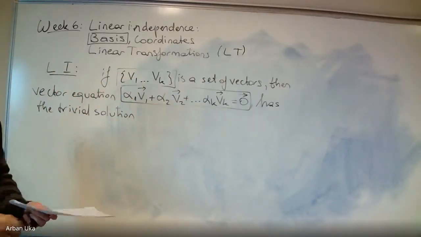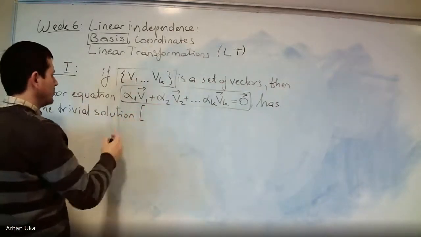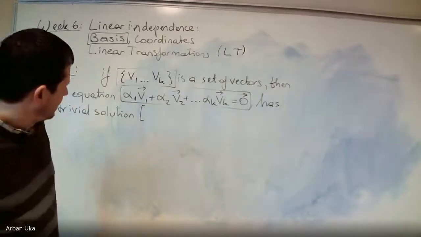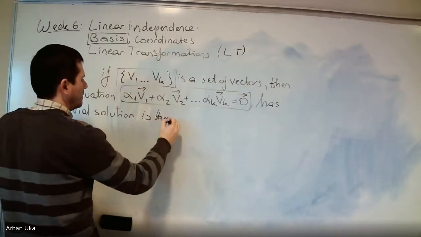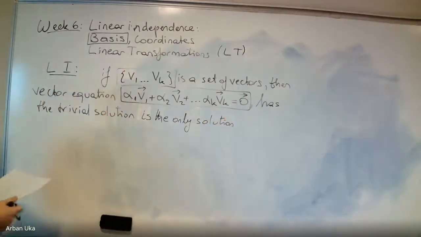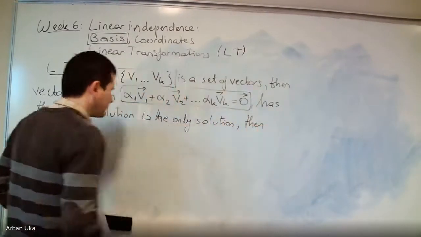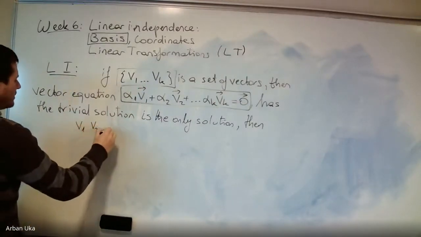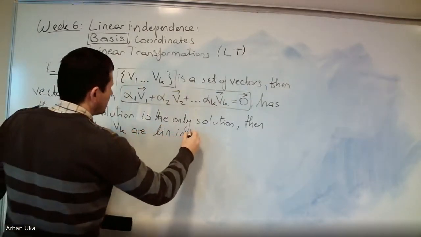When the trivial solution is the only solution, then V1, V2, up to Vk are linearly independent.